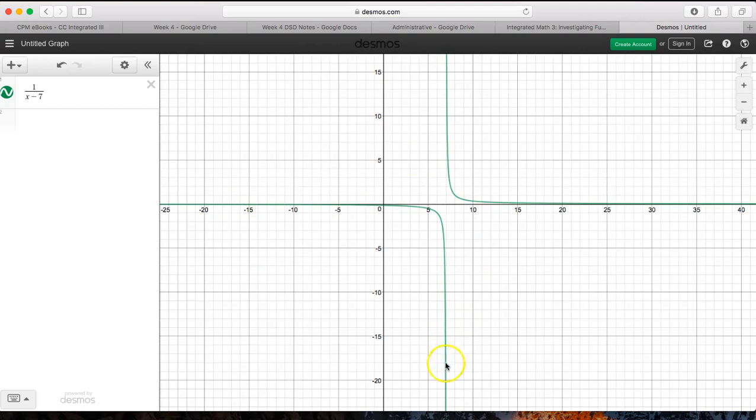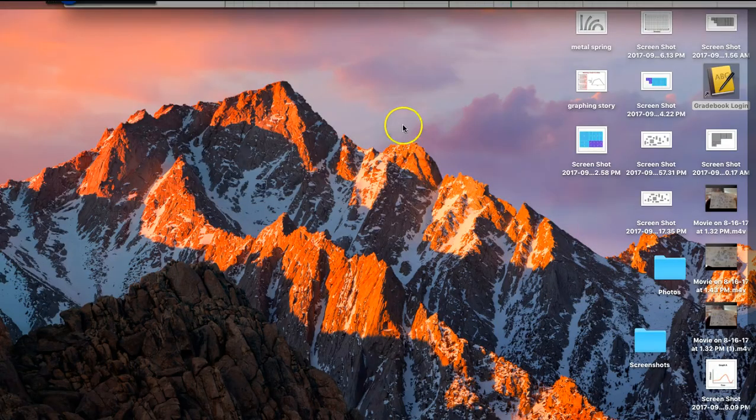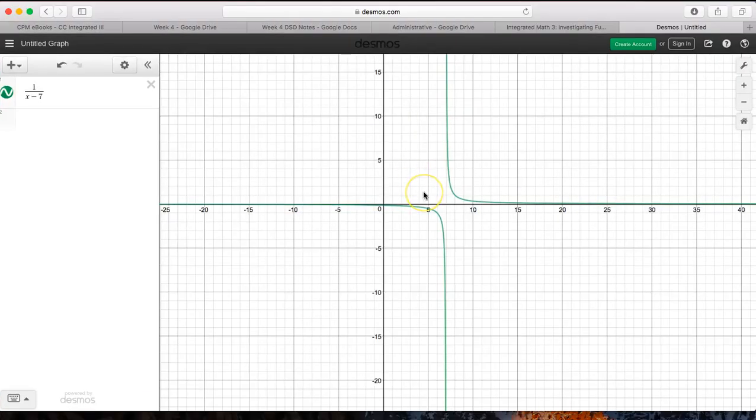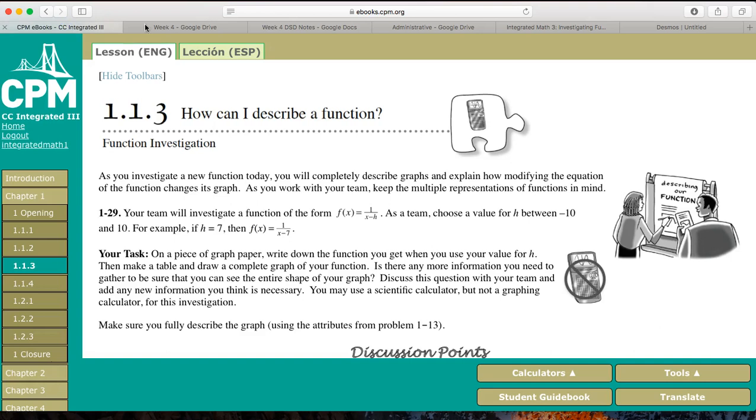We just looked at this part of the graph, but I'm going to go ahead and put that in my notebook. So that's kind of what the graph looks like.